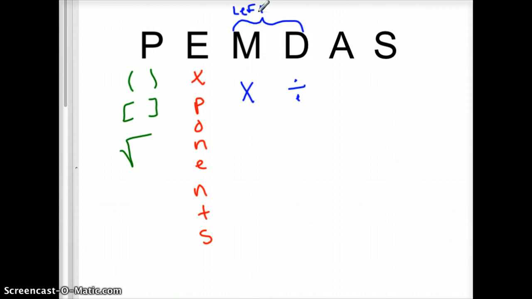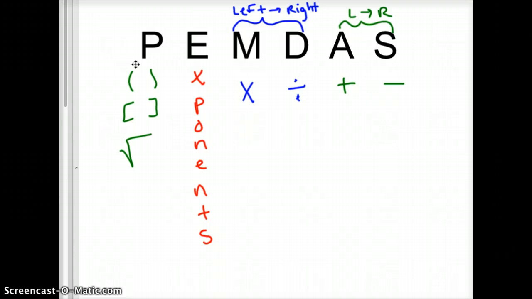So just like you read left to right, looking at your expression, whichever M or D, multiplication or division, you have first after parentheses and exponents are out of the way, you would treat multiplication or division next. And then finally, the A and the S, addition and subtraction, work the same way. Again, you work left to right based on what's going on in your expression.